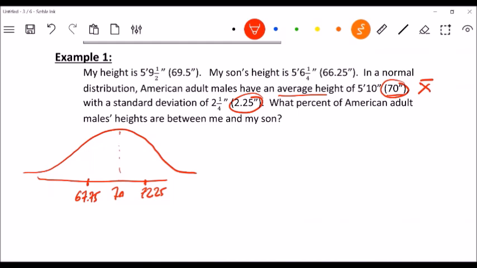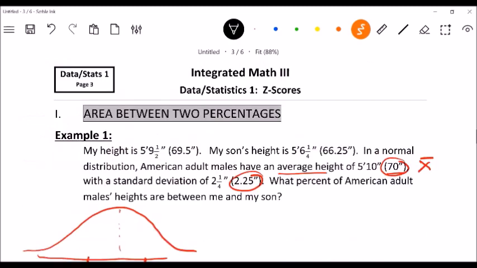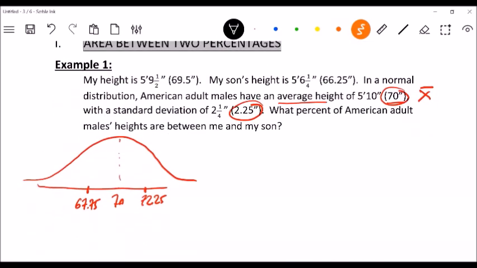Okay. So what's happening is my height is just below the 70. His height is a little bit below even the 1 standard deviation. So we want to know what percent is in between here.